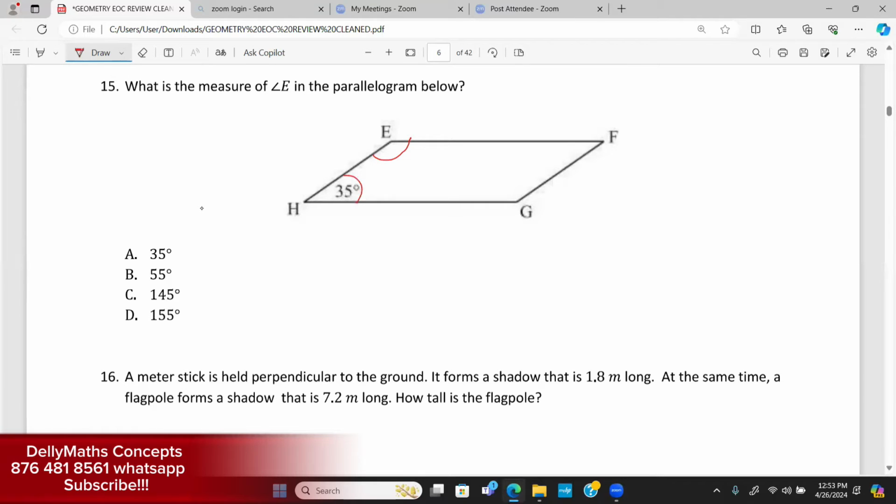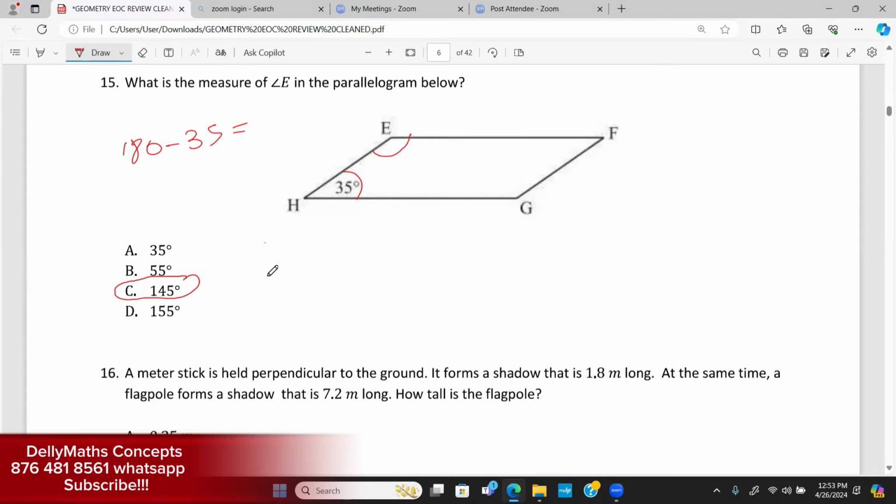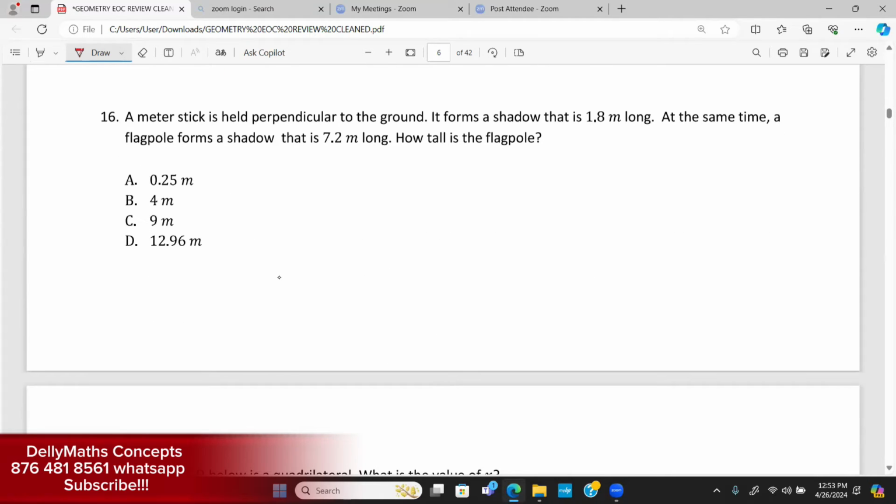Or you could say, whenever you have a parallelogram, consecutive angles are supplementary as well. So if I take 180 and take out 35, it's going to give me that angle. It should be 145, but I'm just going to make sure. So yes, 145 is going to be that angle at E. All right, that's 15. Now let's go to question 16.